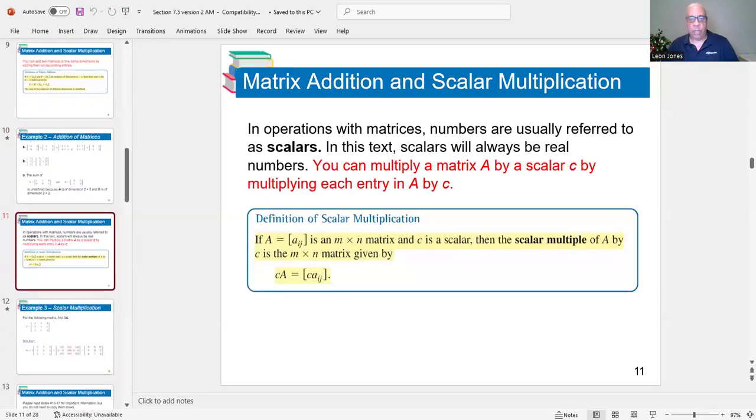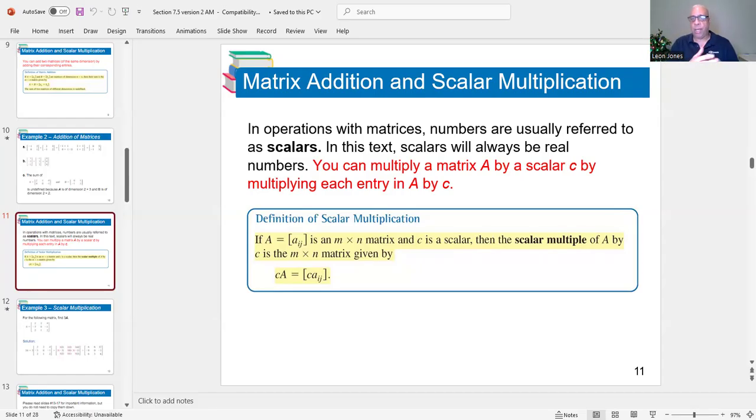Now, in operations with matrices, numbers are usually referred to as scalars. If you've taken linear algebra, there's vectors, and there's scalars. What I'm going to tell you is, during this presentation, scalars will always be real numbers.